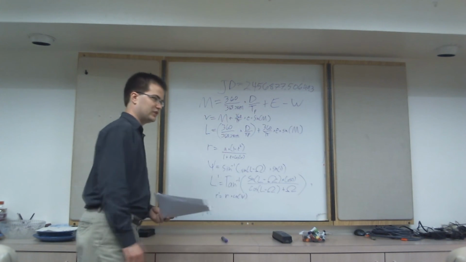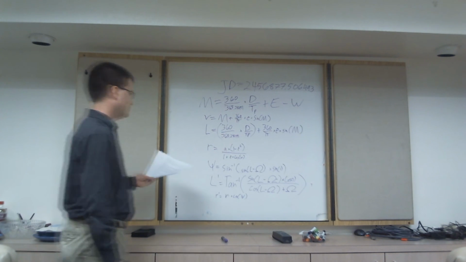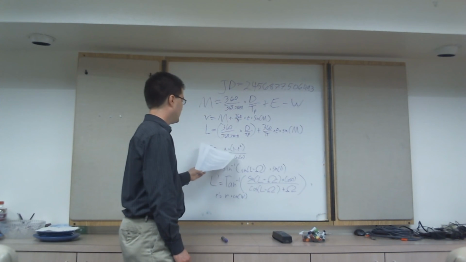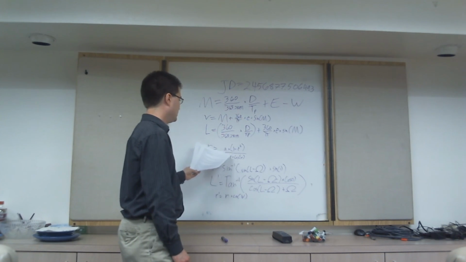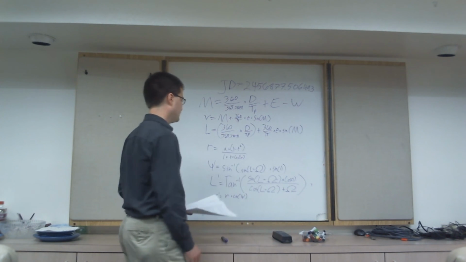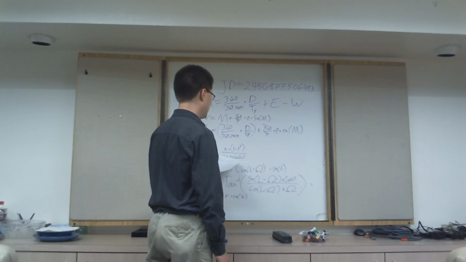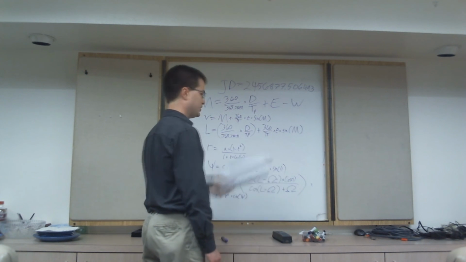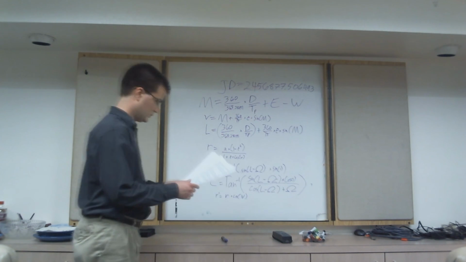Then we calculate the radius vector, the distance from the Sun, essentially. And that will be the semi-major axis, abbreviated by lowercase a, times 1 minus eccentricity squared, divided by 1 plus eccentricity times the cosine of the true anomaly.